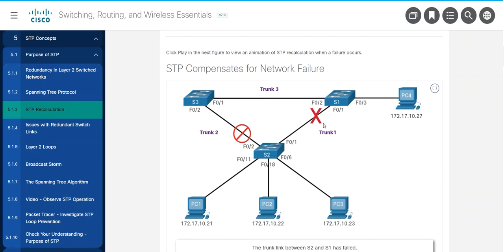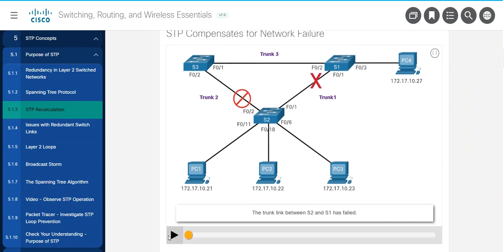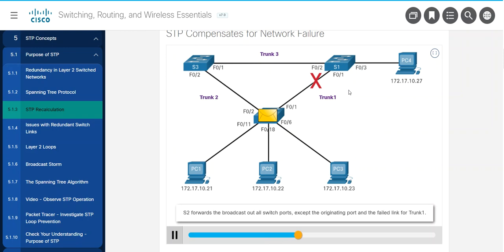Well, if this part of the network, so this line, goes down, then it will recompensate, and the blocked port will become unblocked and data will start traveling in a different path. So earlier it was going straight over and up to switch 1, but now that that is down, it goes in a different direction.